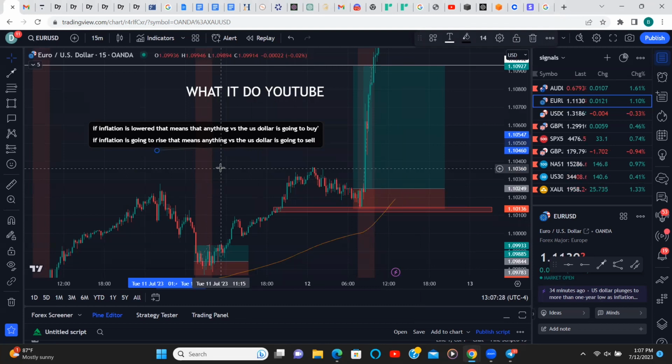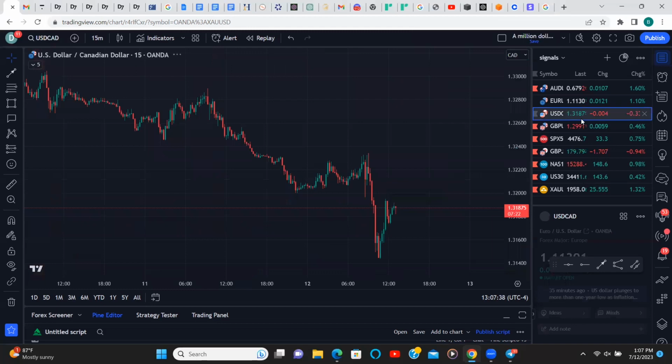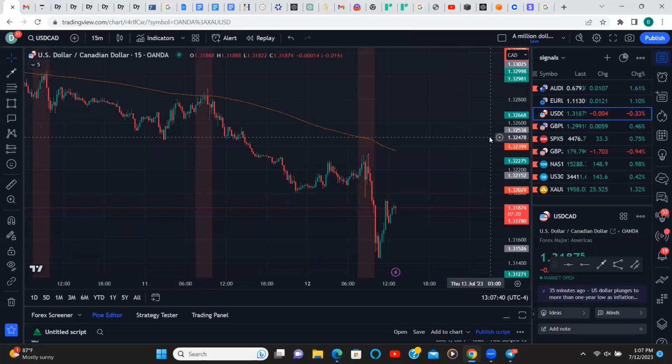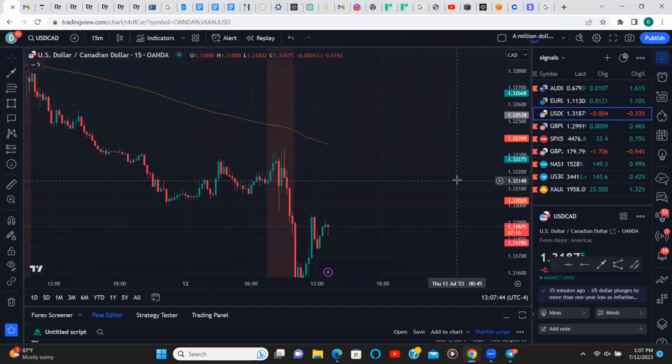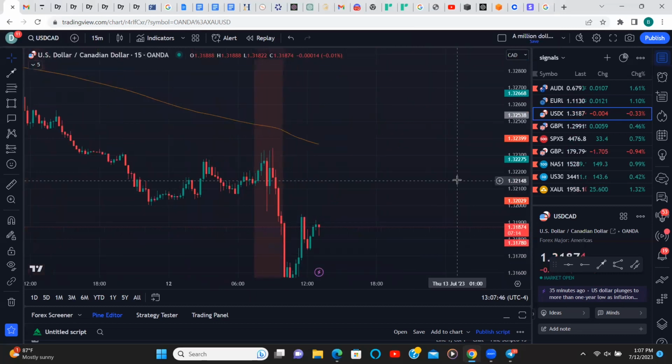And also, this is another important thing. Let's say this USD versus something else. Let's say we got USD CAD, for example. USD CAD or USD JPY or a pair like that, they're going to sell when inflation cools down.